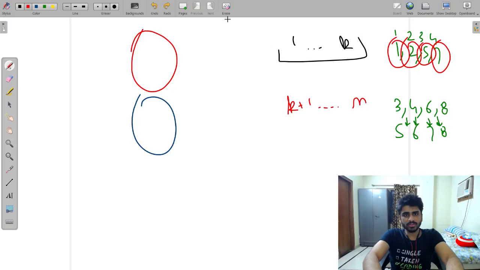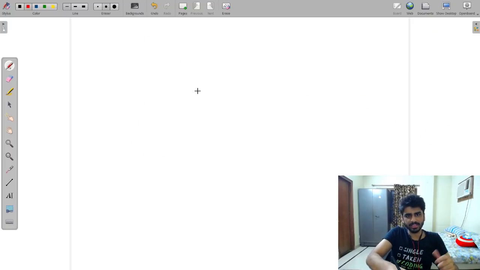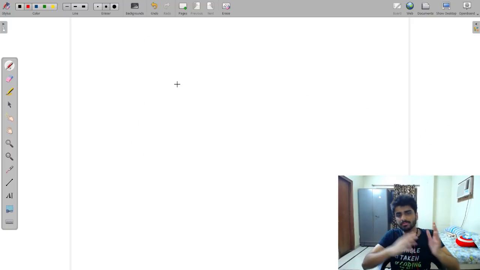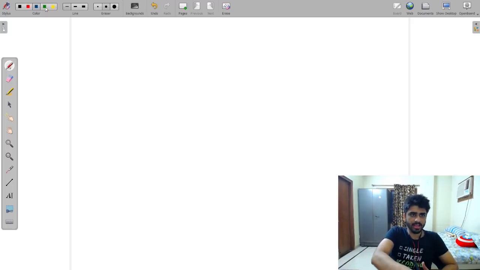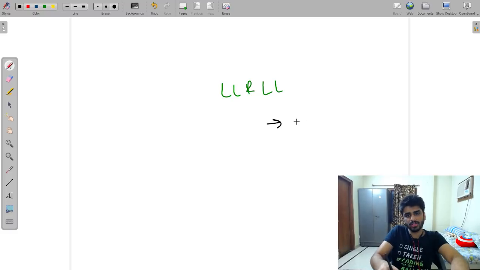In this one, it's quite obvious actually. You just have to keep track of the maximum left and the maximum right that you have gone, and the maximum down and the maximum up that you have gone. So if you have something like L L R L L, you can see that first we go to 1, then +2, then minus, again +1, then +2, then +3.